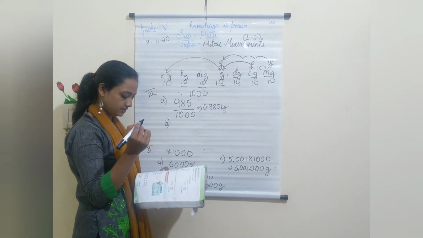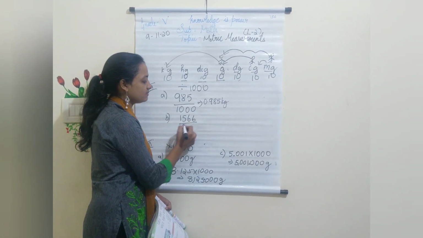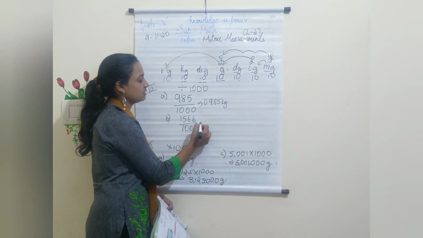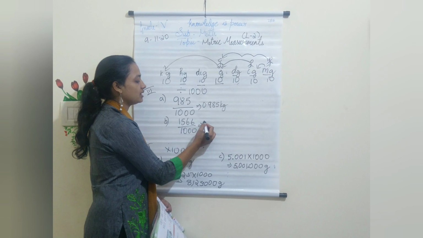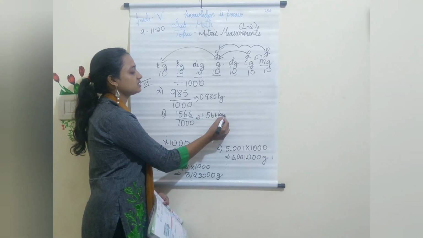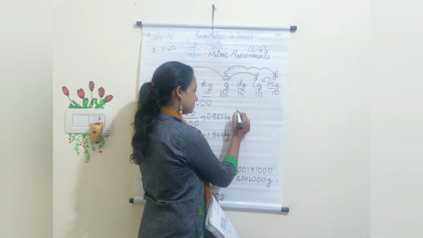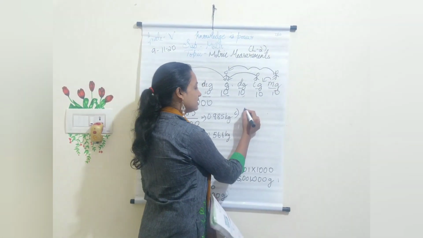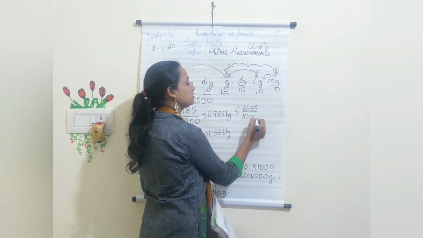B: 1566 divided by 1000, after 3 numbers decimal, 1, 2, 3. So I'll get 1.566 kgs. And now go for C: 6658 divided by 1000.